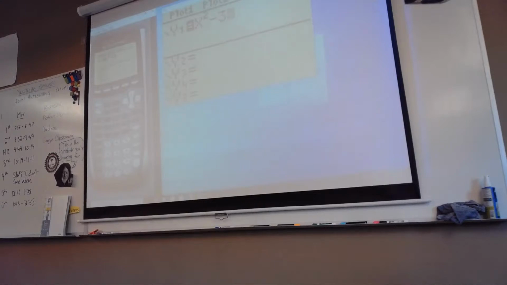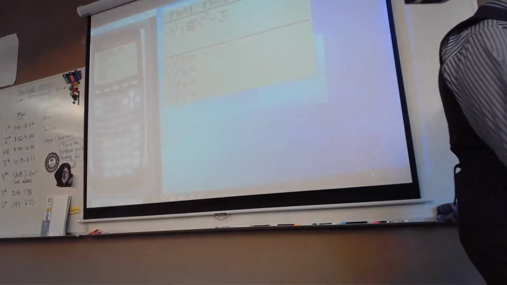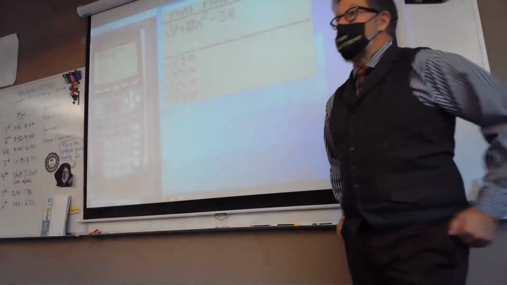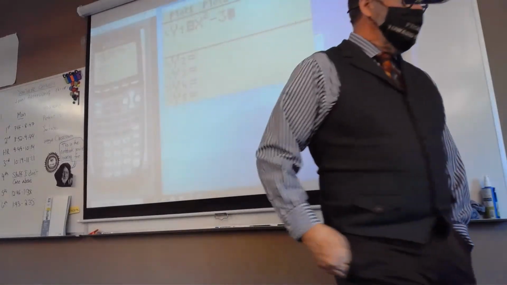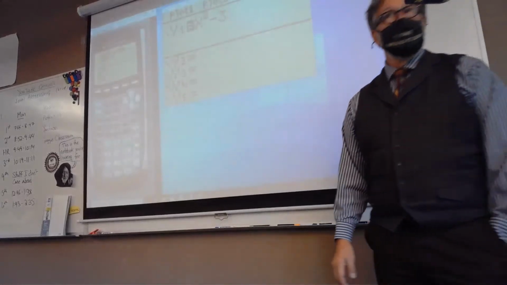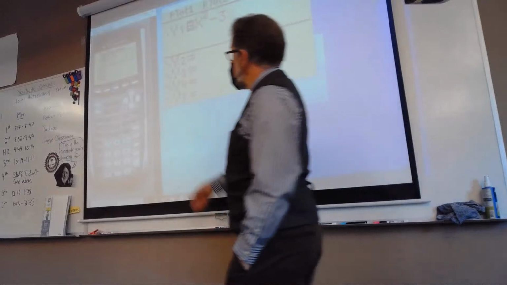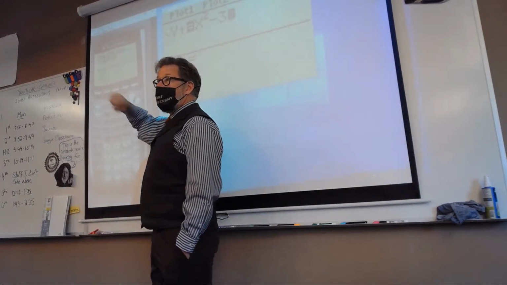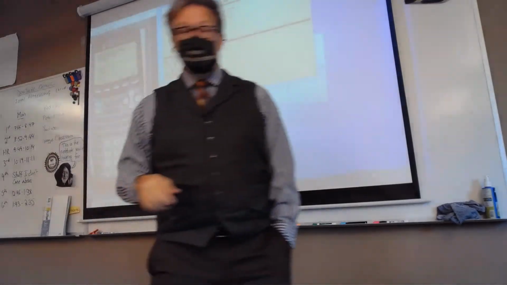So here's how you do this, and it is on the green sheet as well. Find the zoom button and press it. Everybody found a button that says zoom on it? Option number 6 is ZStandard, for zoom standard.